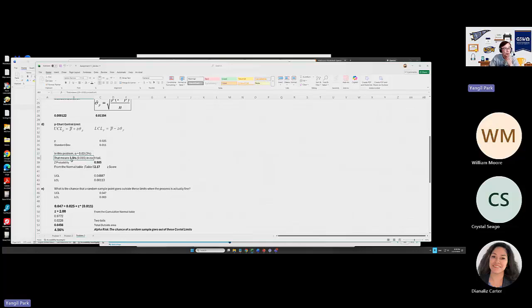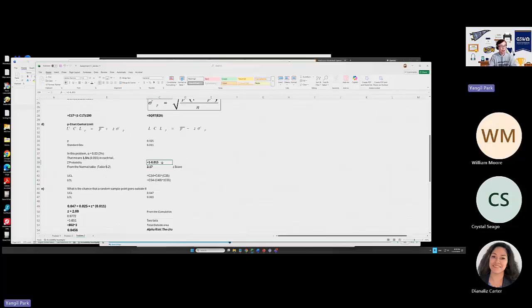Because we have tails 1.5, which is 0.015, then we go to a normal table and find 2.17, because the probability to look for is just 1 minus 0.015. That's why 0.985 must be the score that we need to work with in the normal table. So if you go to the normal table, which is table B2 of any normal table from the textbook, you'll find 2.17.